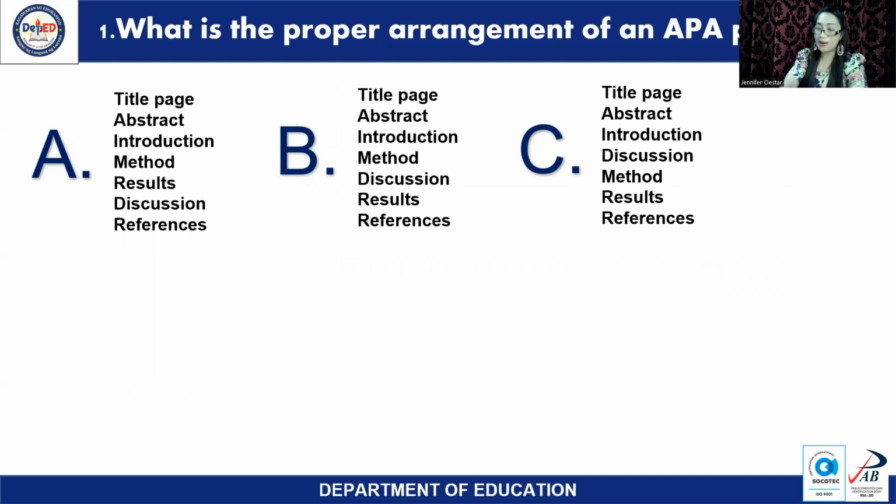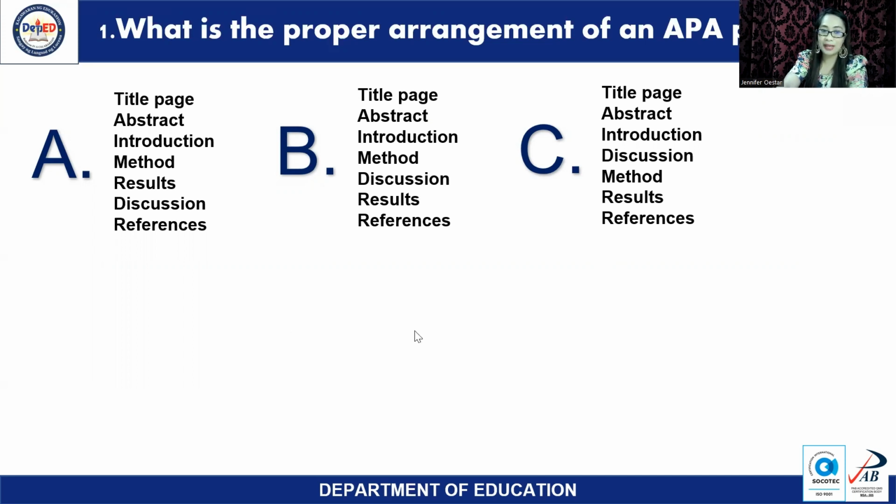You can use your chat box to respond to the questions that I will be giving, and let's see if you could activate your prior knowledge regarding research, writing, formatting, proofreading, and other concepts related to research. First, what is the proper arrangement of an APA paper?